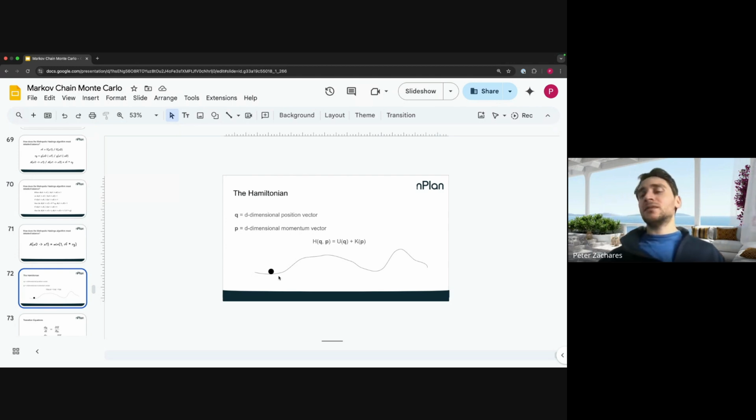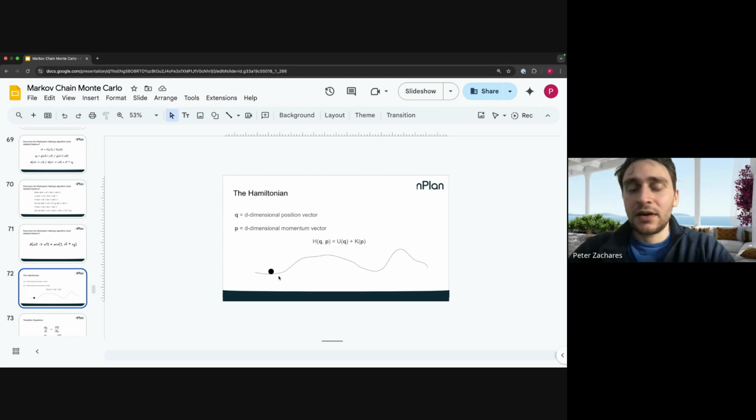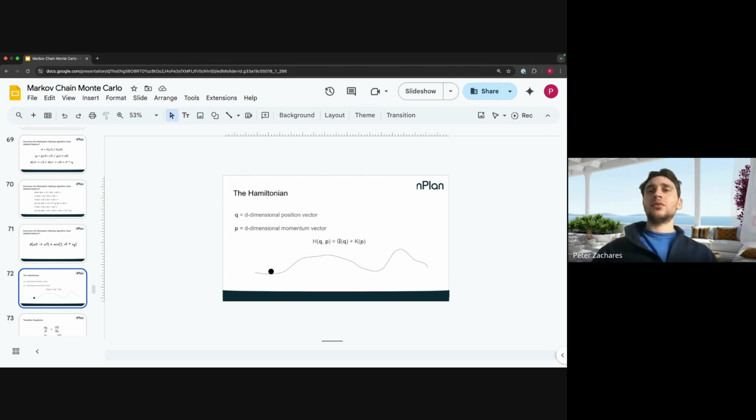And the Hamiltonian, the way they describe it in the paper, is like a system where you have a puck that's moving around on a surface that has a varying height. I chose a point mass, which I don't think is wrong to say, that could be just a point mass moving around. And so the Hamiltonian is a combination of U, the point mass's potential energy, which changes as it changes in height, and its kinetic energy, which changes as it loses energy to potential energy, because the sum of these two is the Hamiltonian, which is constant.